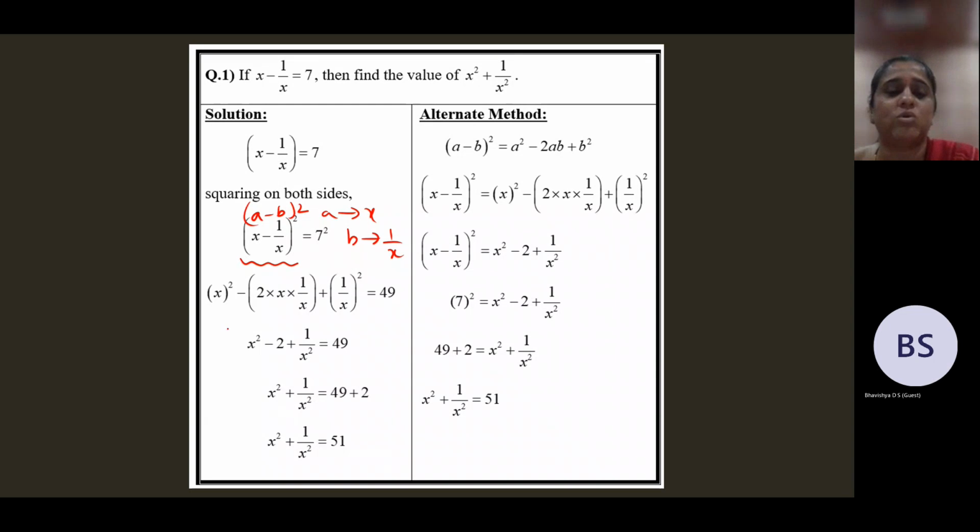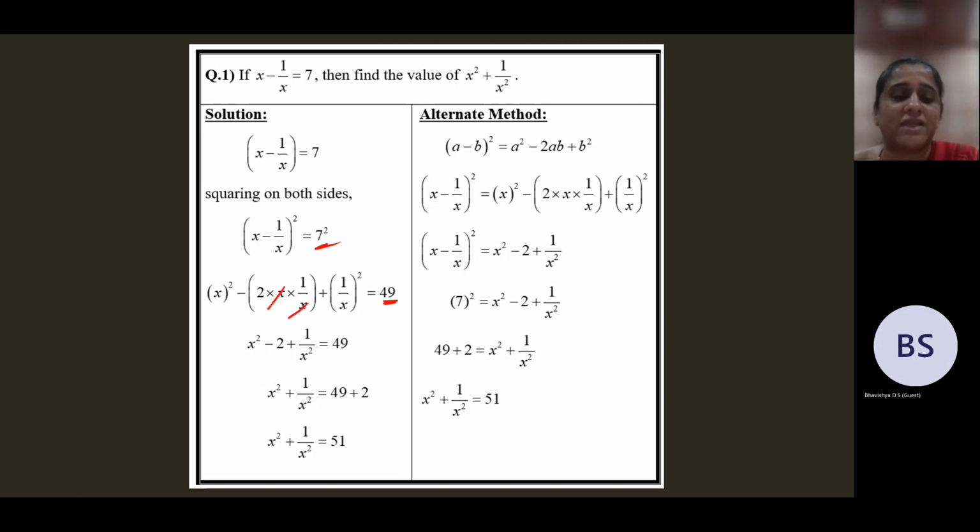So a minus b the whole square is a squared, that is x squared, minus 2ab, so 2 into a into b, x into 1 by x, plus b squared. B is 1 by x, so plus 1 by x the whole square. So this is a squared, this is minus 2ab, and this is plus b squared. It's a minus b the whole square. So it is a squared minus 2ab plus b squared is equal to 7 square, which is 49.